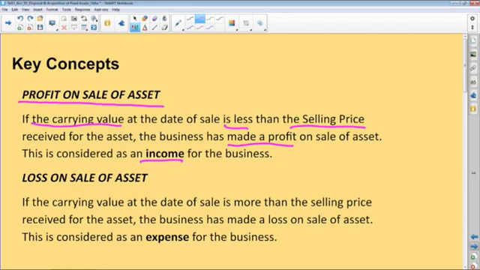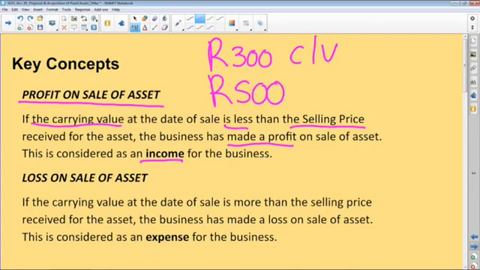For example, let's assume that the printer I spoke about previously has a carrying value of 300 Rand. I decide to sell the printer for 500 Rand, so my selling price amounts to 500 Rand.